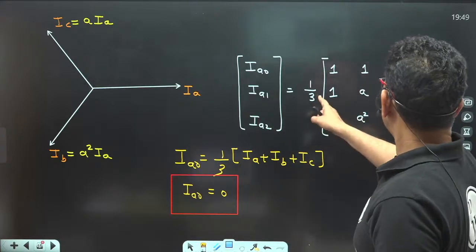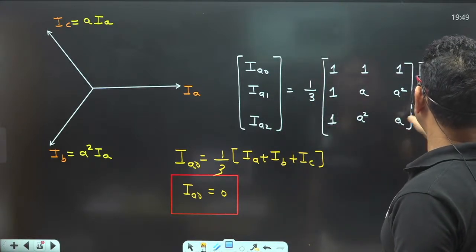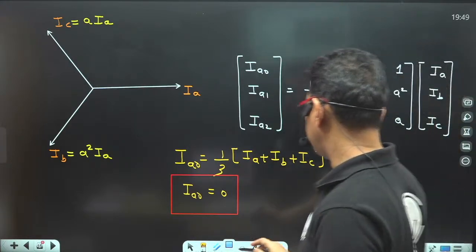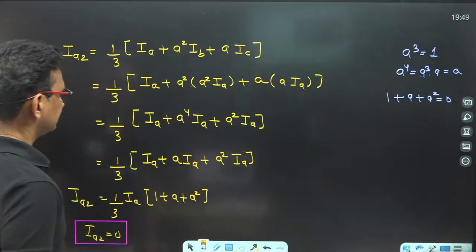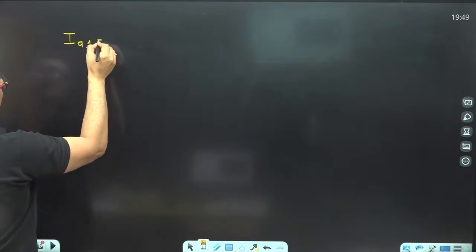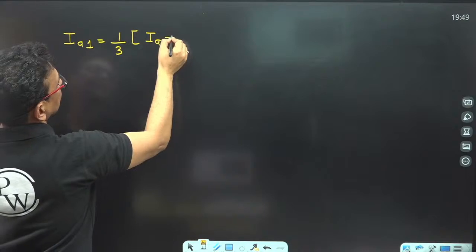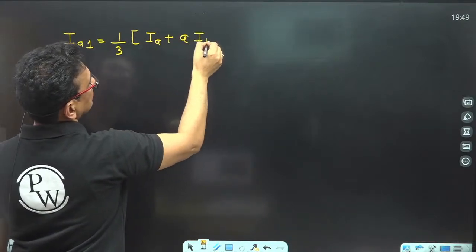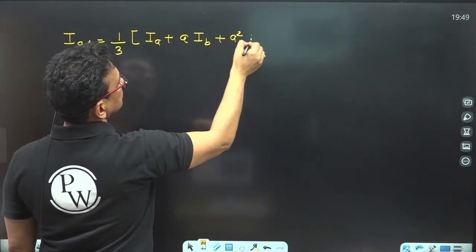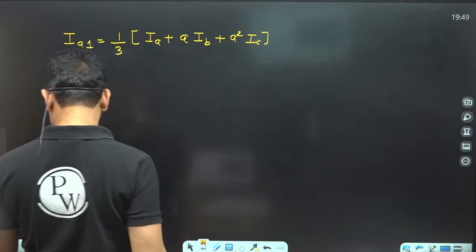IA1 is 1 upon 3 into IA plus A IB plus A square IC. Clear?